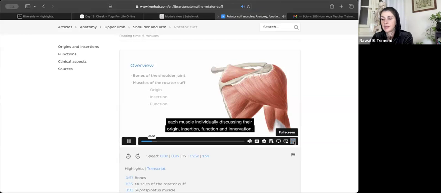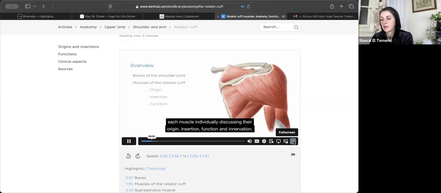As for their functions, these muscles work together to reduce the risk of dislocation by stabilizing the shoulder joint. Essentially, they help keep the head of the humerus in its correct position within the bone and also, as the name suggests, the cuff muscles have a major role in the shoulder. So now that we're familiar with the rotator cuff muscles as a whole, let's look at each muscle individually, discussing the origin, insertion, flexion, and inflation.